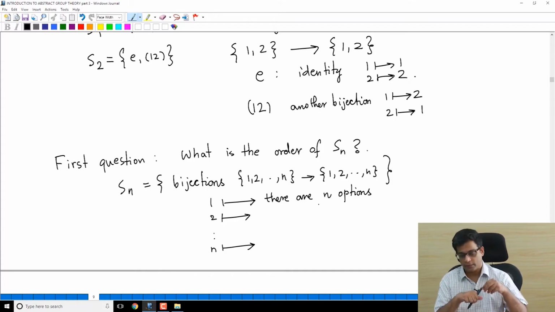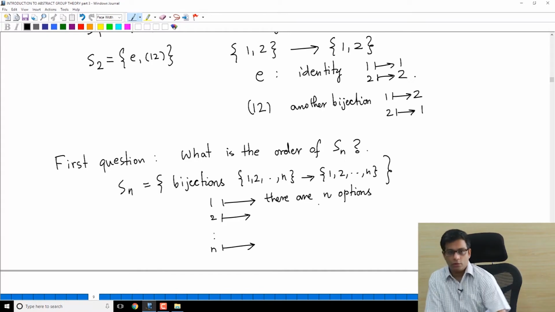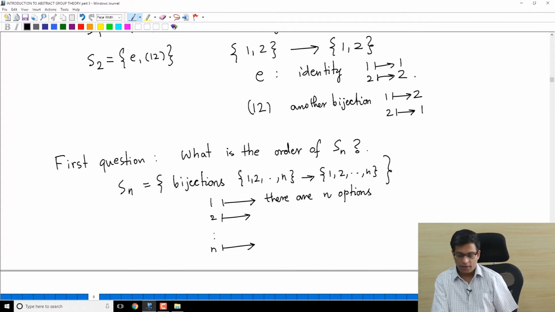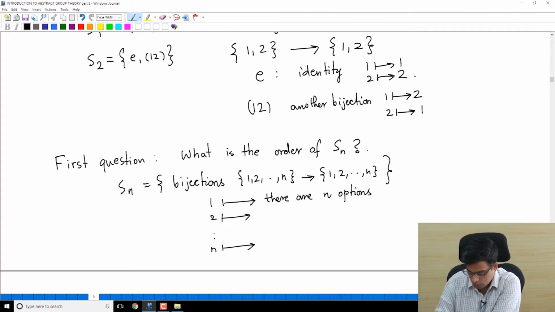Now how many options are there for 2? Remember, in order to be a bijection, 1 and 2 being distinct letters must map to distinct letters. So we have made a choice for 1 in the beginning, and 2 cannot go to that. If 1 goes to 3, for example, 2 cannot go to 3, but 2 can go to anything else. So you remove wherever 1 has been sent, and 2 can go to any of the remaining ones.